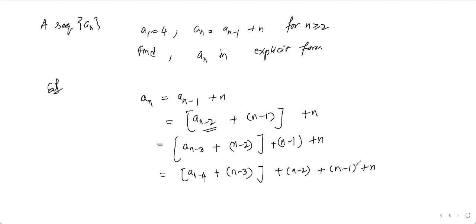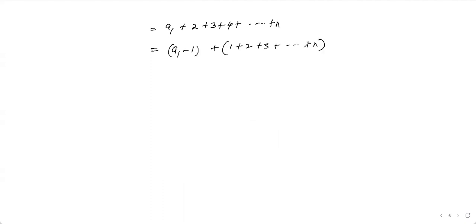If you look at this sequence, this would be a1, 2, 3, 4, and n, which is equal to a1 minus 1 plus 1 plus 2 plus 3 up to n.